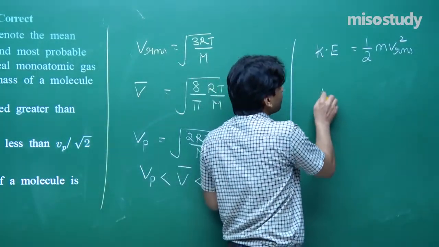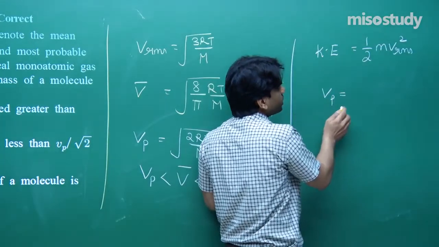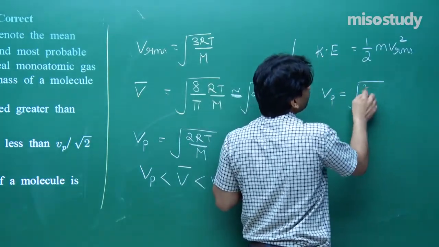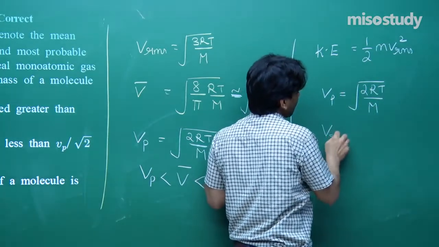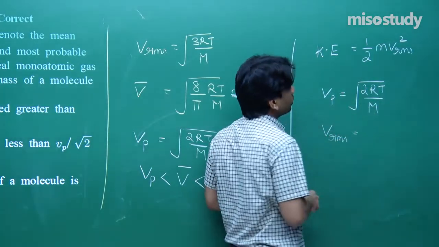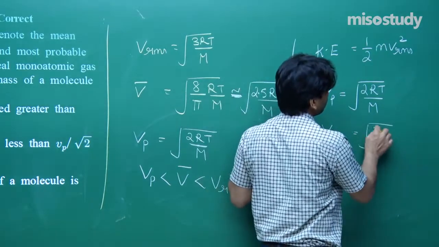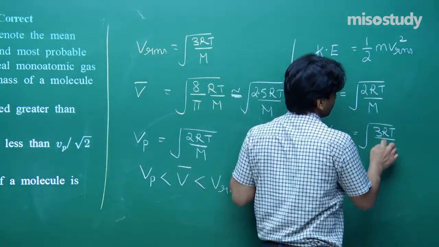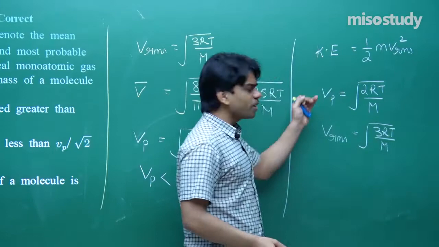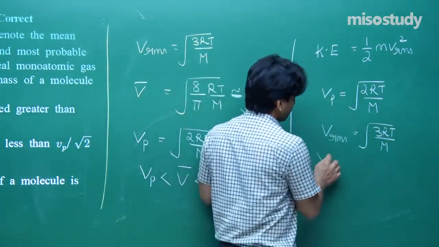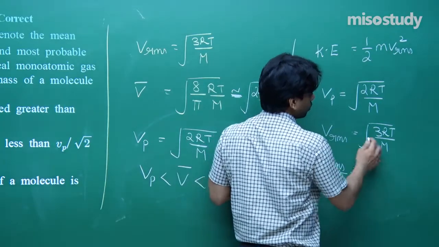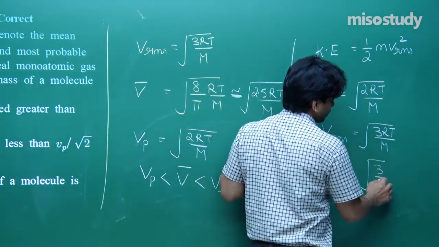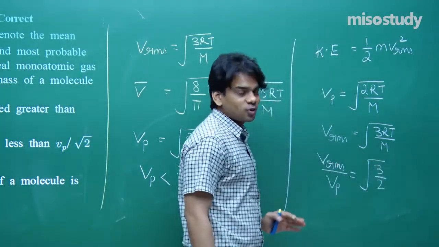We know that Vp is equal to under root 2 RT by M, and V RMS is equal to under root 3 RT by M. If I divide V RMS by Vp, we get under root 3 by 2.